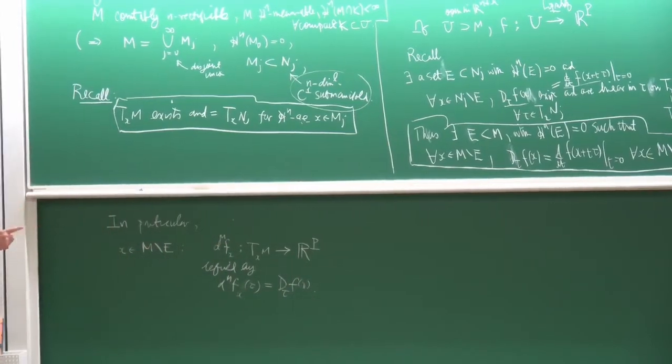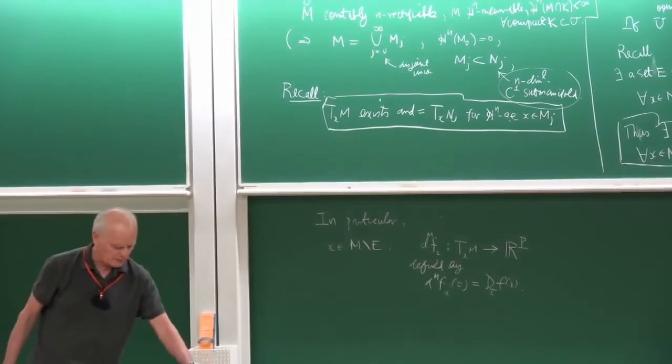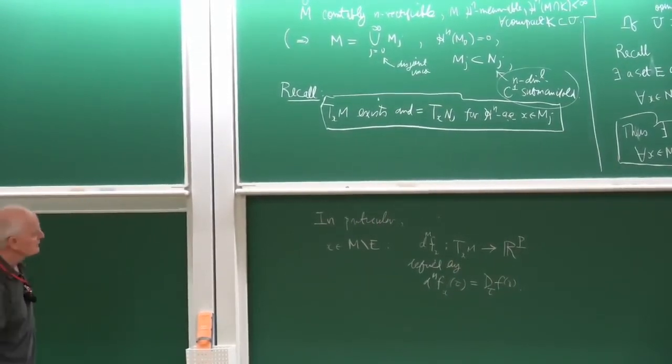Notice that it is a linear map, since these not only exist, but are linear in tau.